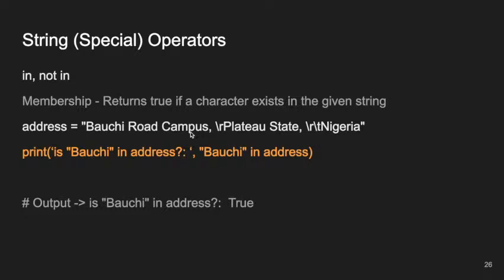You can try that and see what you get. The substring here is Bauchi. If Bauchi is inside the address, you print it. When you print it, you see what you get.